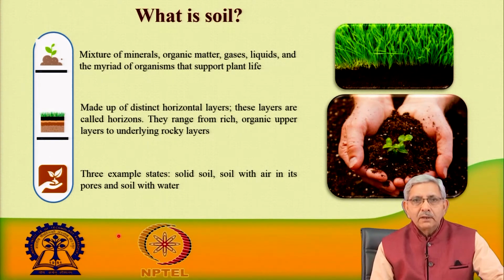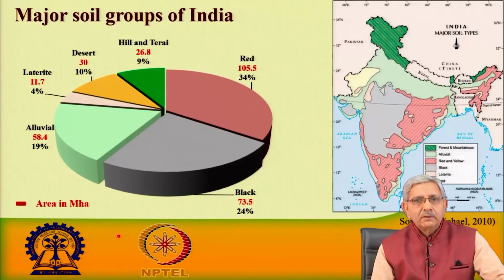They are rich in organic matter and then followed by rock layers. Any soil consists of solid material and pores, and these pores will have air, or are partly filled with water, or fully filled with water.